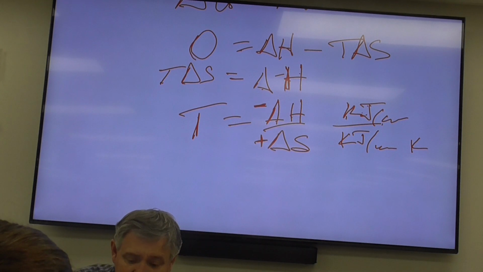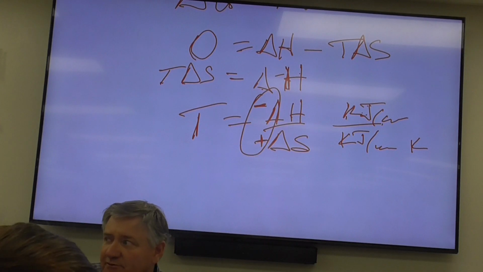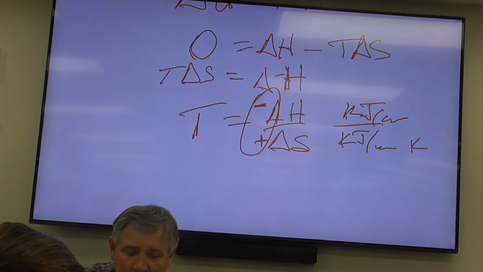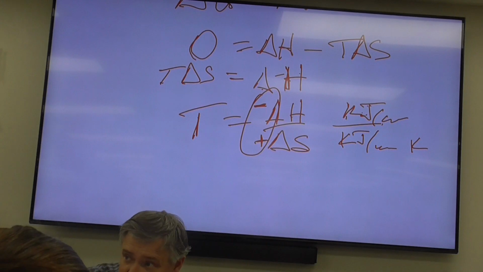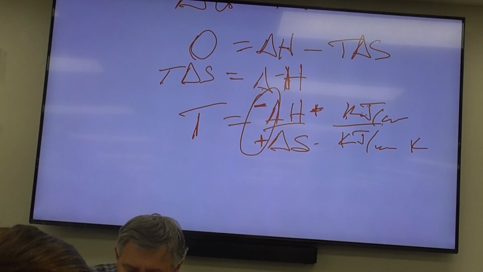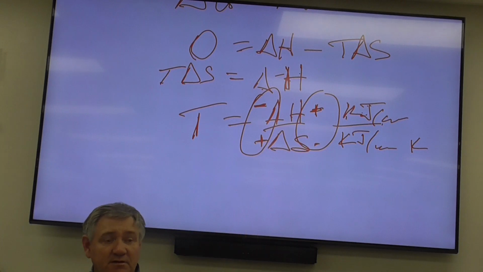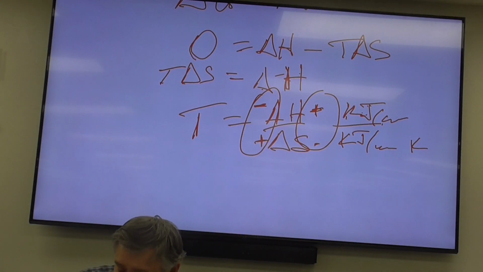So with that combination, I can never find a temperature that will work because I'm always going to generate a negative temperature. If you look at what we just did, where you had a positive delta H and a negative delta S, that also will not produce a positive temperature.